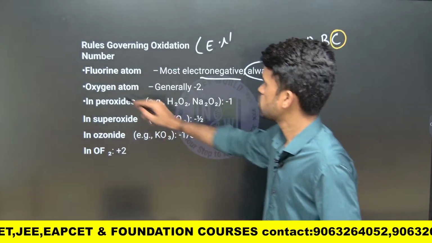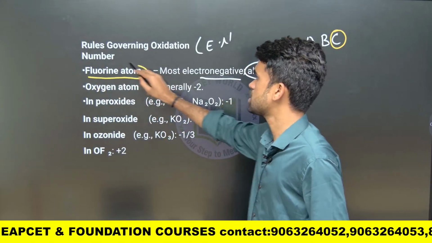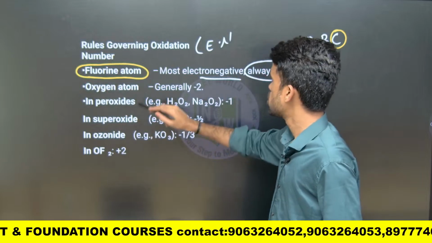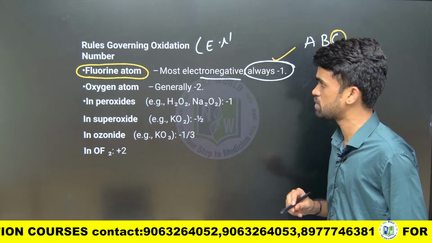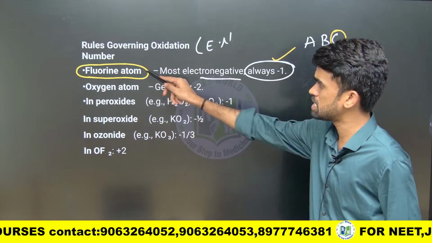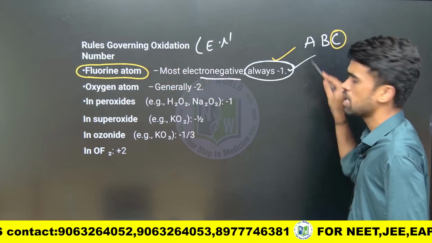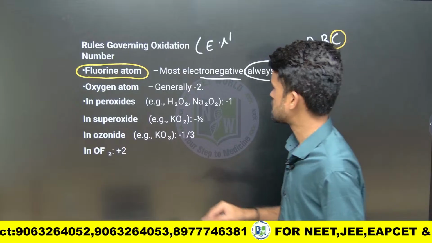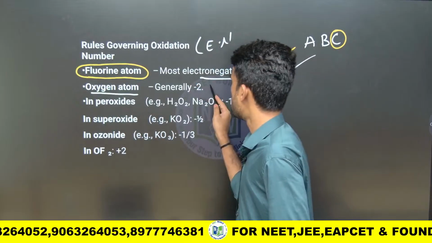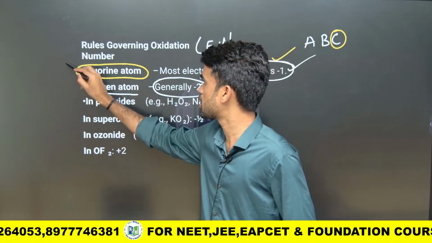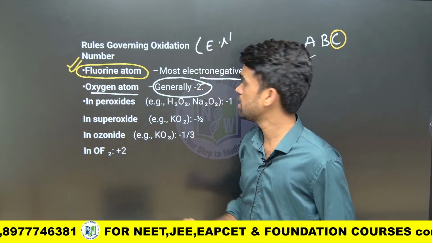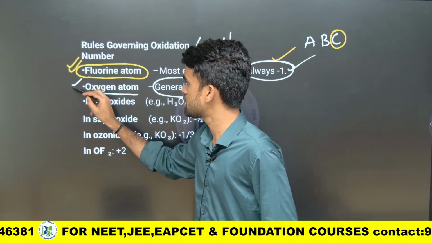So fluorine, we know this is the highest electronegative element in the periodic table, so it will always have negative charge, -1 with respect to halogens, and especially for fluorine it should always be -1. Then next, oxygen will have -2 charge. The first most electronegative element in the periodic table is fluorine and the second most electronegative element is oxygen.